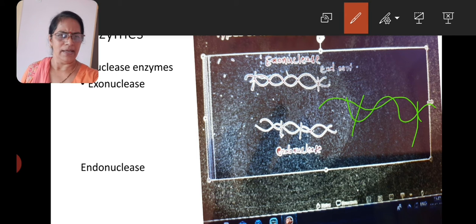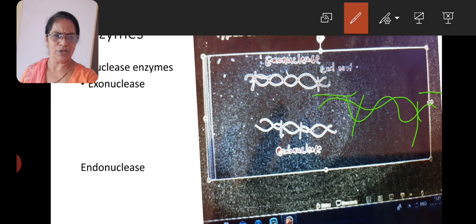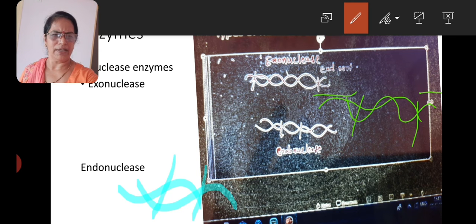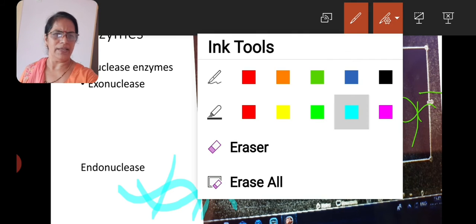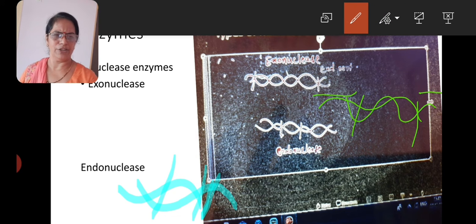That is, here it cuts the end part of this DNA. And suppose this is another DNA, and with the help of the enzyme it cuts the middle part of the DNA, then it is called the endonuclease enzyme.